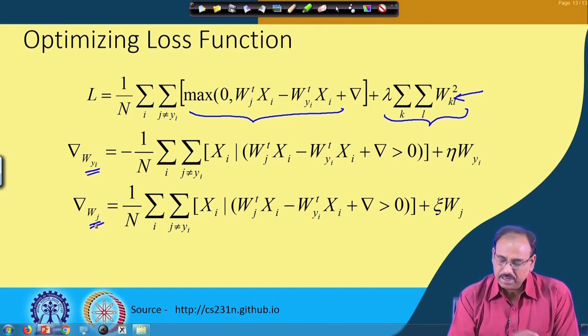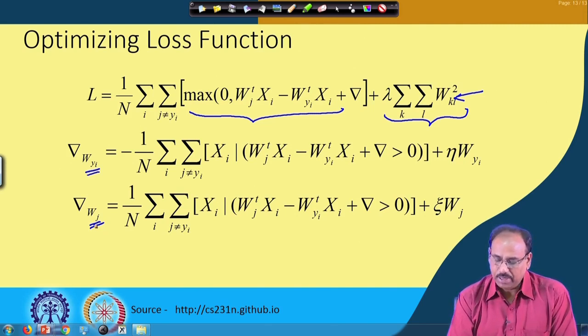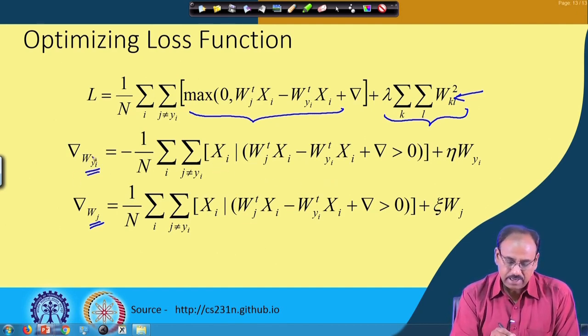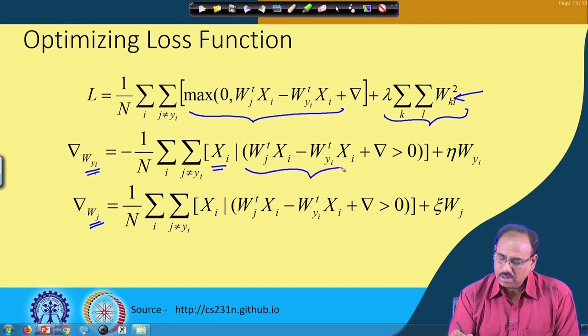When you take the gradient of this loss function with respect to Wi, the gradient is nothing but the sum of xi, only in those cases where Wj transpose xi minus Wi transpose xi plus delta is greater than 0.